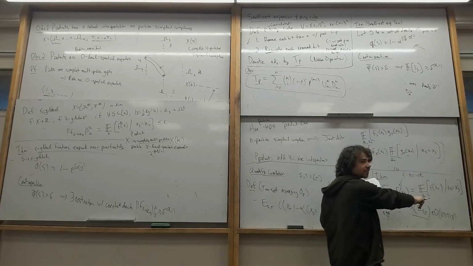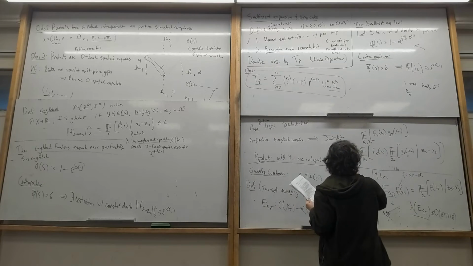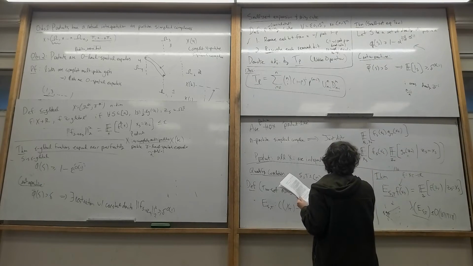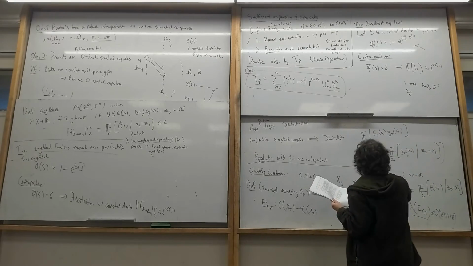This is just the definition that I wrote down here. This is unfortunate because I've run out of board space, but I'll fit it in here. No, that won't work.